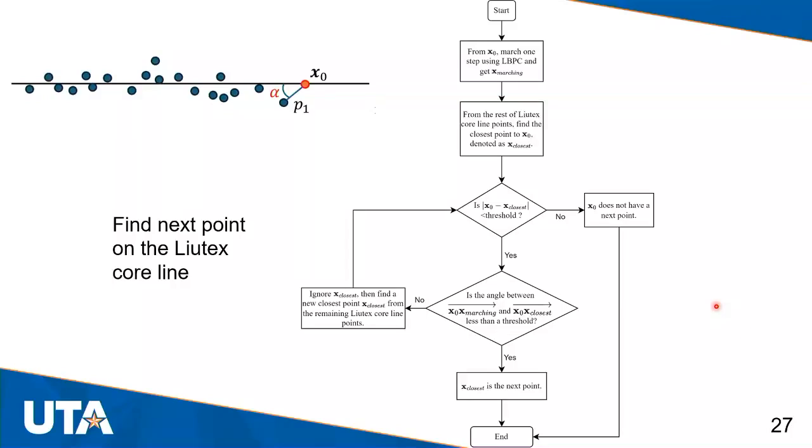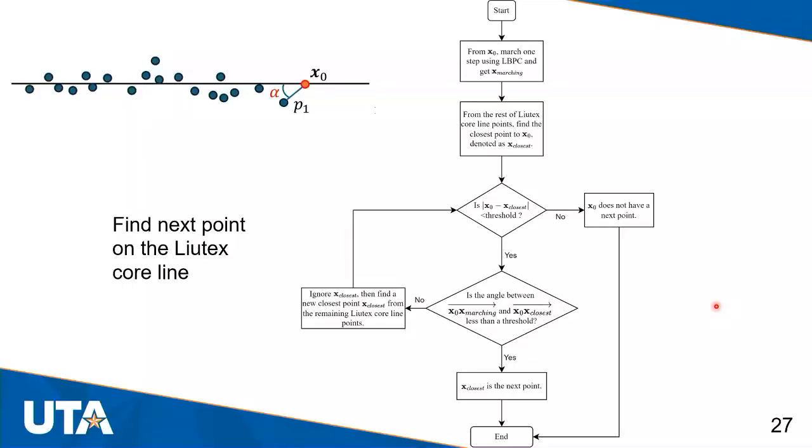The gradient direction is the real vortex core direction. But since we do this numerically, we can tolerate some error. If the angle is almost parallel, less than a threshold, we want them to be parallel, but we can tolerate some error. And if these two conditions are satisfied, then this point is the next point.